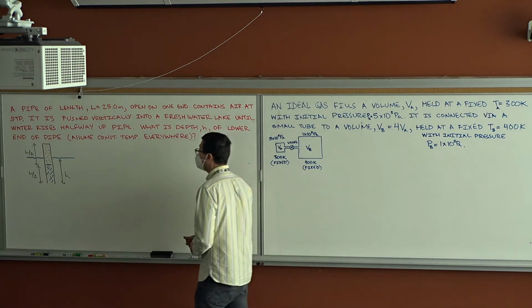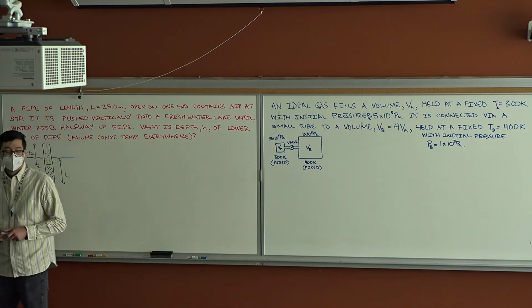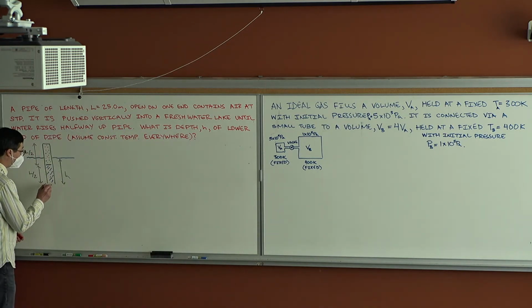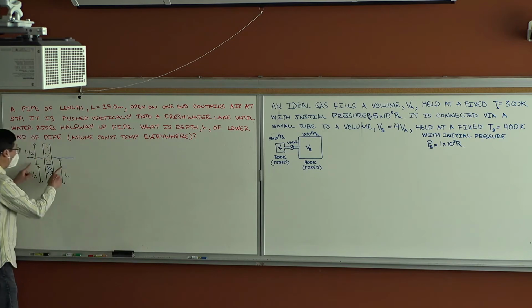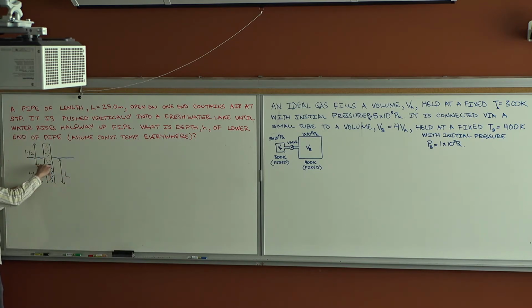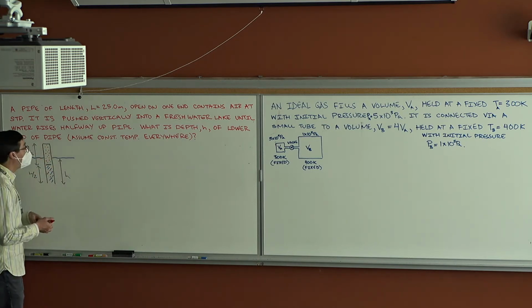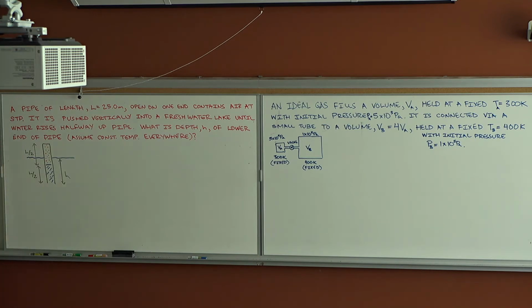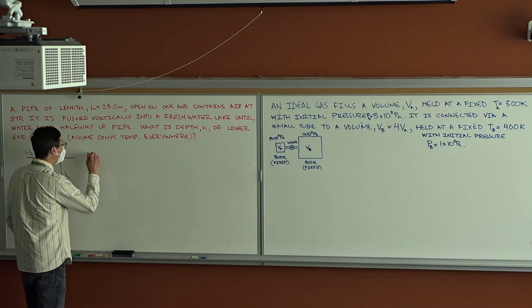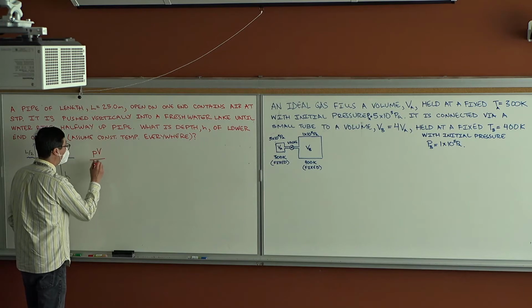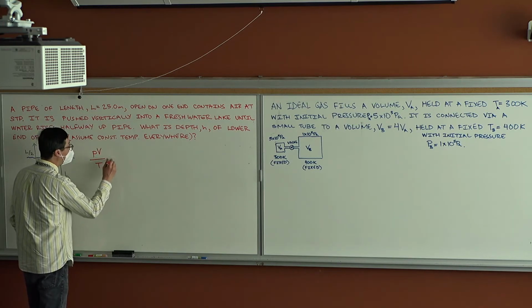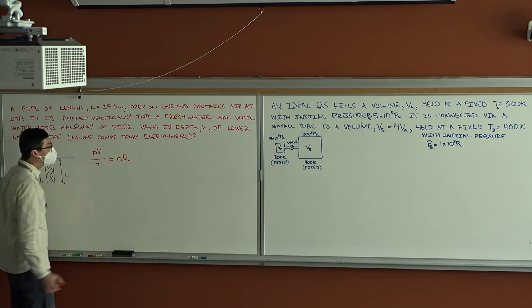So what do we know then? Well, we can examine. So note, first of all, that there's water everywhere down here. The water level inside the pipe is up to here, and there's air trapped above. And so we could rely on the ideal gas law here, right? We could say that PV over T is nR.